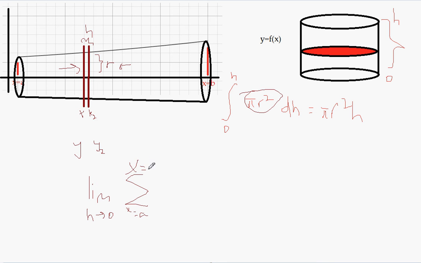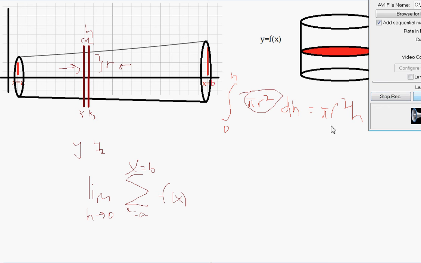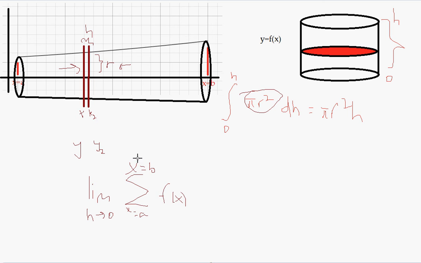So we should sum from x equals a to x equals b, because those are the bounding points of this curve that's going to be rotated around the x-axis, of the individual volumes that each of these cylinders have.